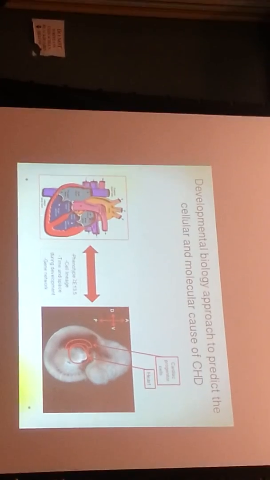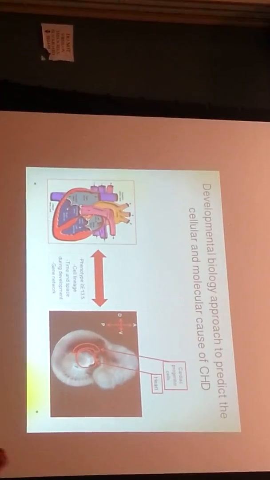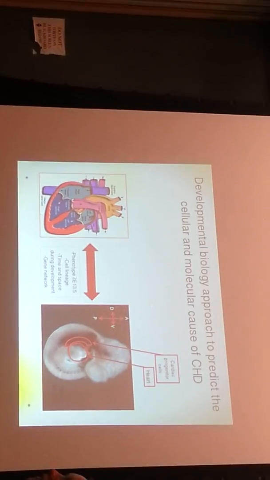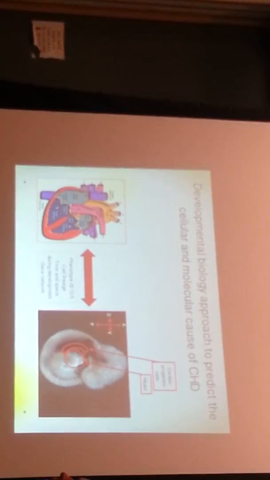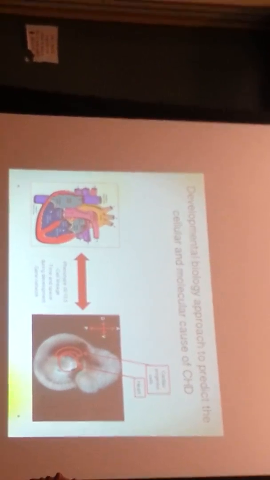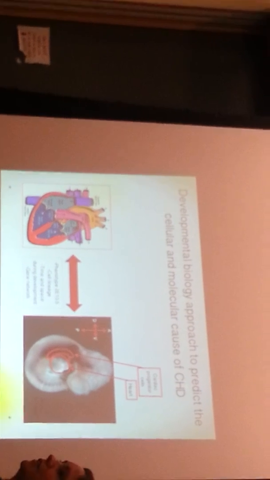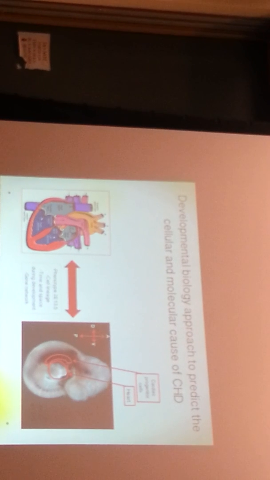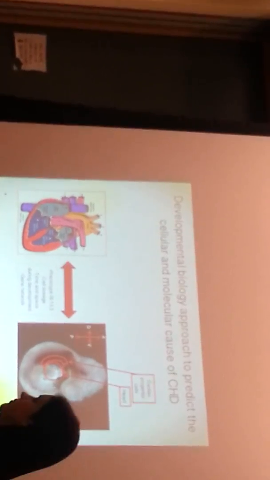I do the morphological evaluation, I do the diagnosis of the heart, and then, according to the defects that we see, we try to think back in development: what cell lineage, what time and space during development could have been compromised to produce the defect that we see later. And finally, we try to think about what gene network is behind that defect.